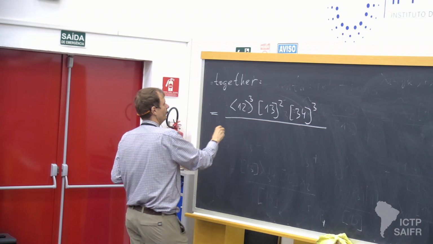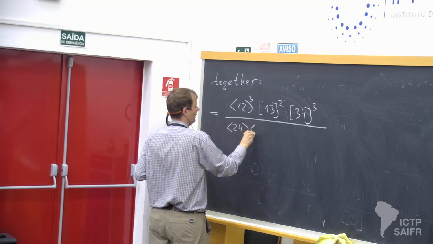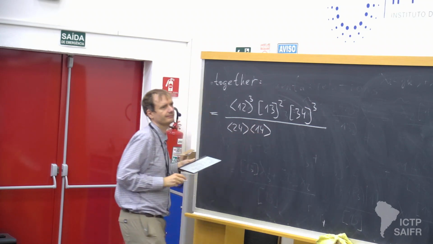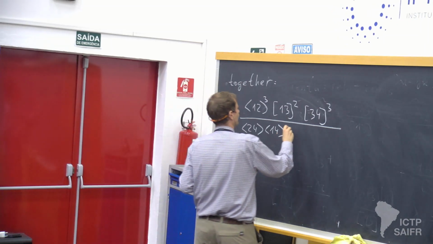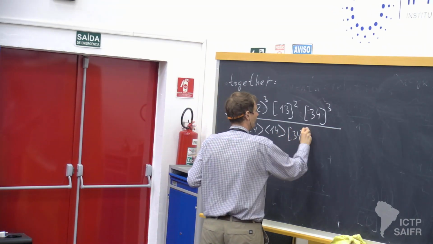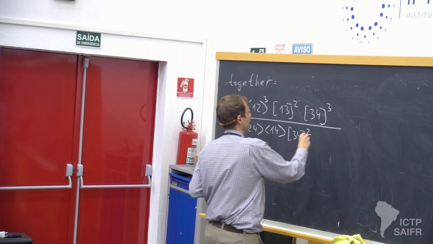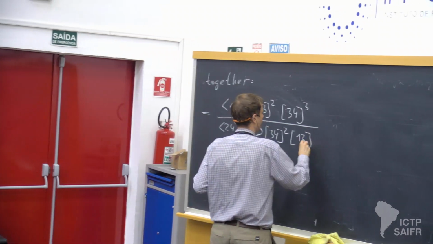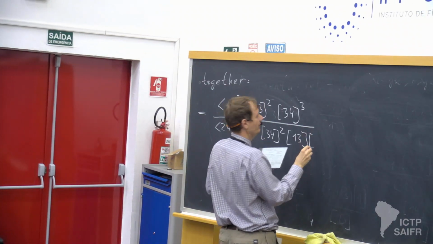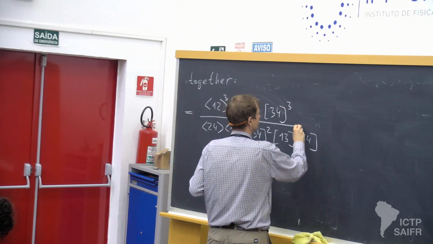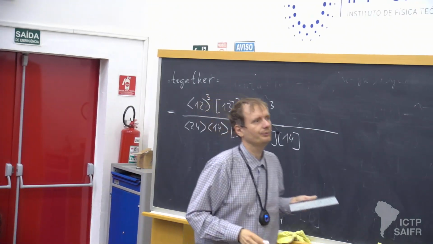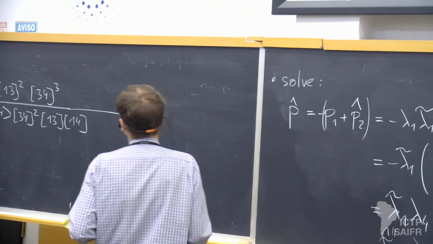Then we had ⟨24⟩[14], ⟨34⟩², and from the other factor, we had ⟨13⟩[14]⟨13⟩[14]. And then we have to also divide it by S12.